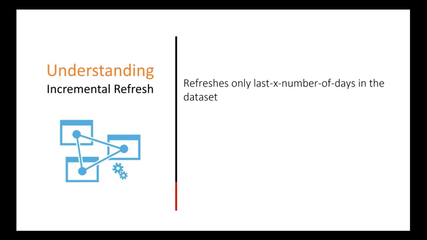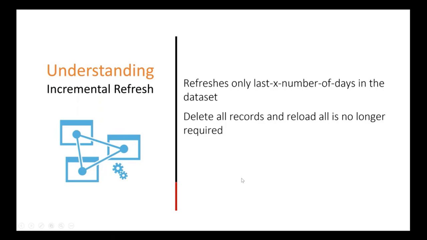So it allows you to refresh only records related to a certain number of days. Now this makes sure that you don't need to load the whole thing. So what happens when you refresh the whole thing? Power BI deletes all the records, basically wipes out all the records, and then reloads all the records from your source.